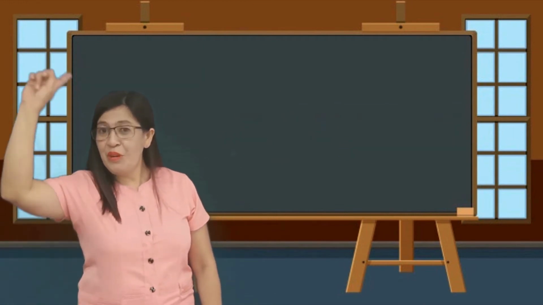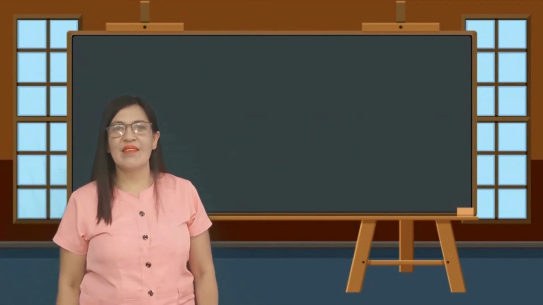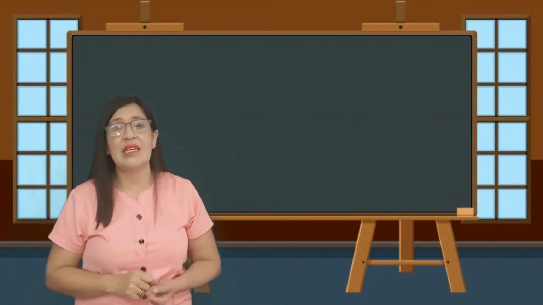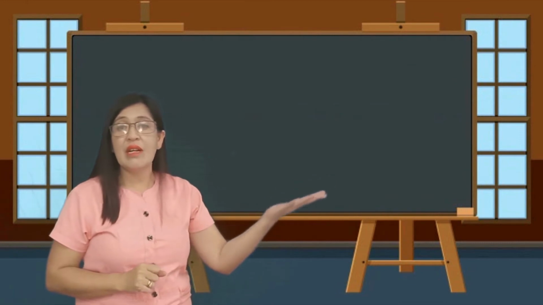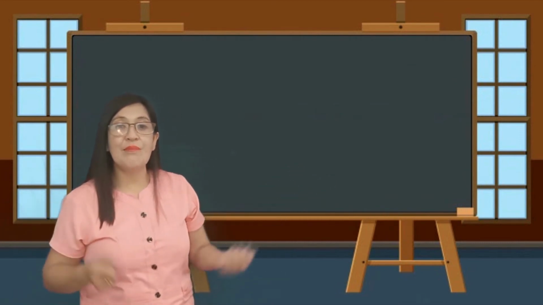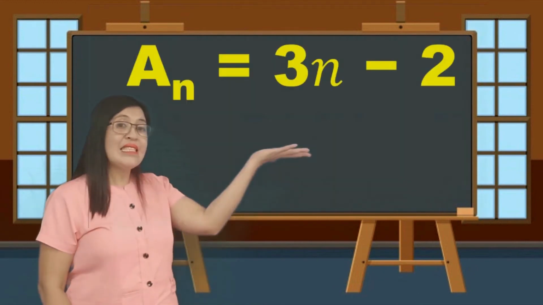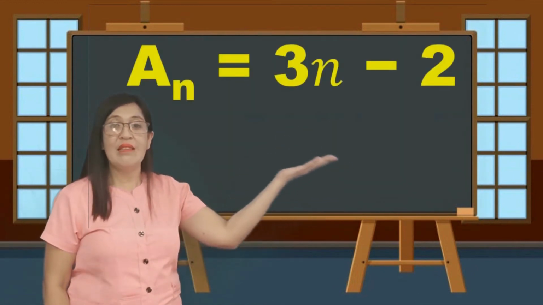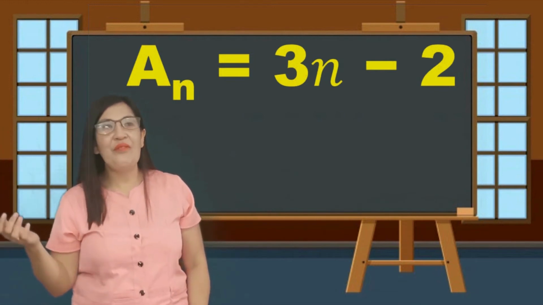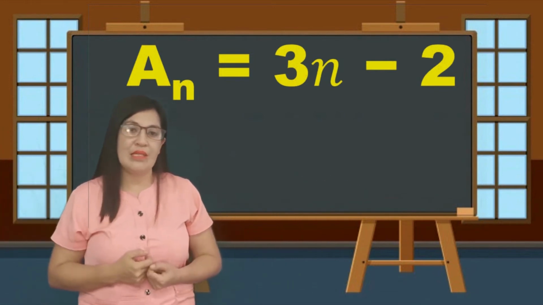Let us level up your learning. Can you find out the first three terms of these sequences defined by each general term or nth term? Say for example, number 1. a sub n equals 3n minus 2. How to find the first three terms of this sequence?